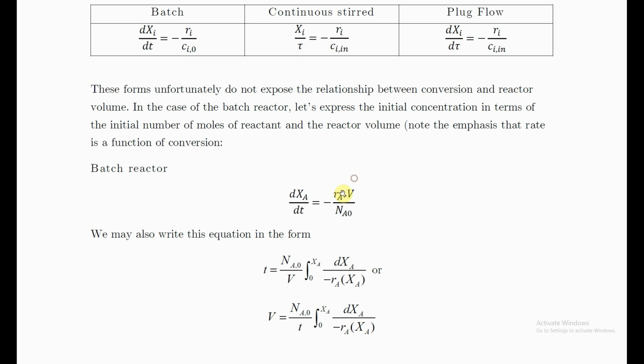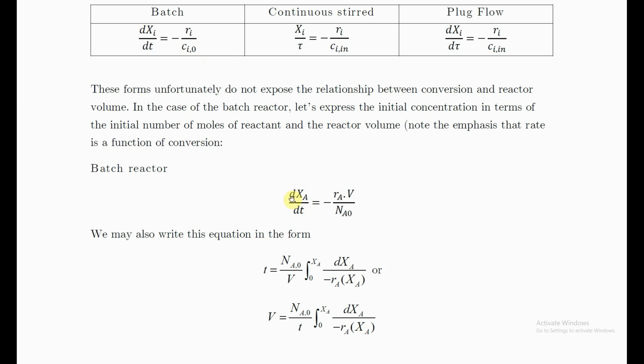In the case of the batch reactor, let's see how we can translate that to a volume. So first off, we'll just rewrite this equation in terms of our reference component A. Remember, we said through the mole balance, we could relate any component in that reactor to our basis component, whatever that might be.